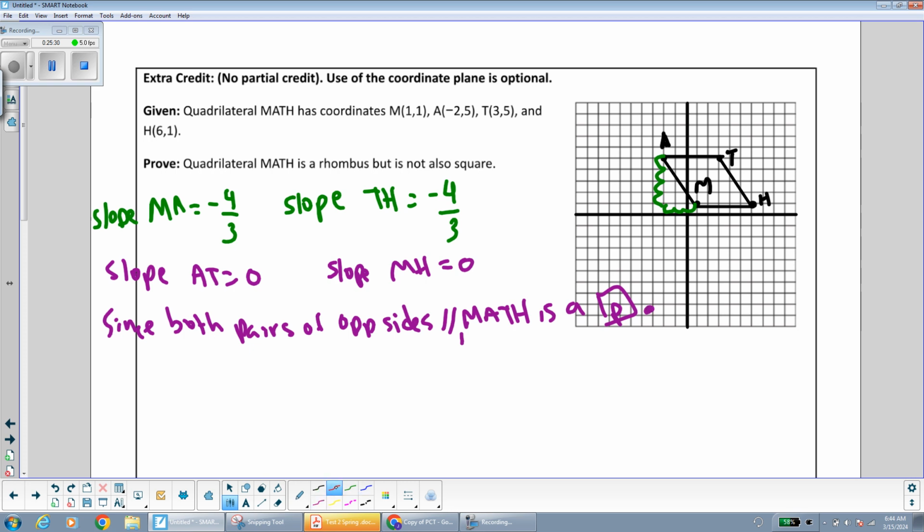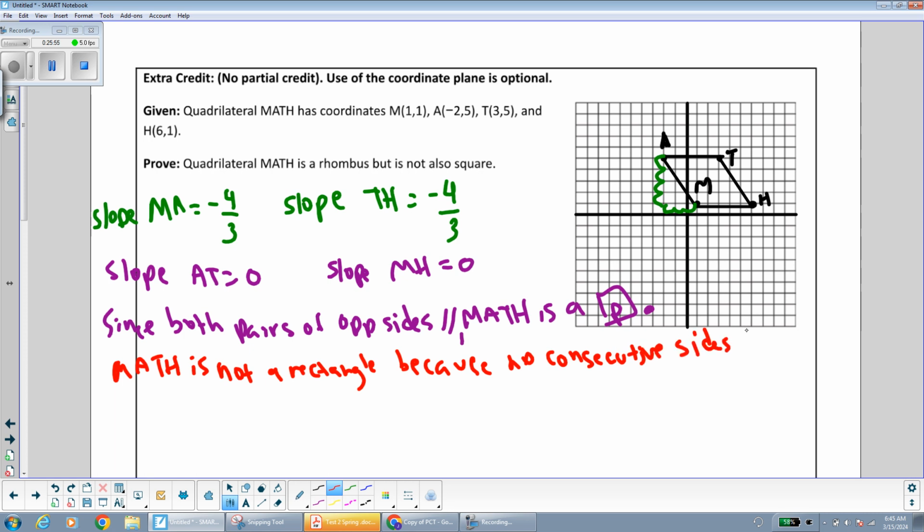This also shows that it's not a rectangle, which would make it not a square. So I'm going to write that here. MATH is not a rectangle because no consecutive sides have opposite reciprocal slopes.